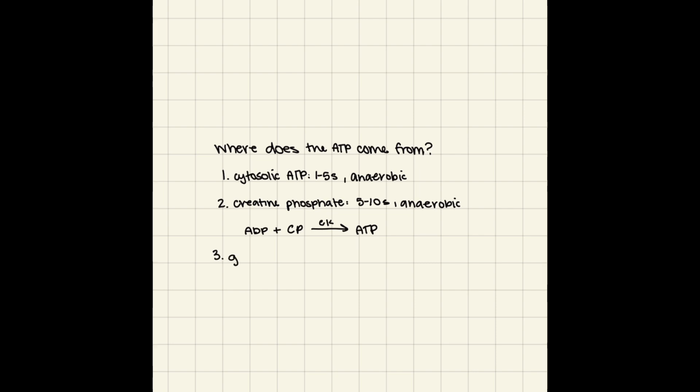So the third thing that we can do is glycolysis. And glycolysis is something that people are typically familiar with, but glycolysis is also anaerobic. It's going to last for 1 to 2 minutes. So this one is good if you're, I'm a swimmer, so when I swim my short distance races, I am probably exclusively using glycolysis, especially considering I don't breathe a lot.